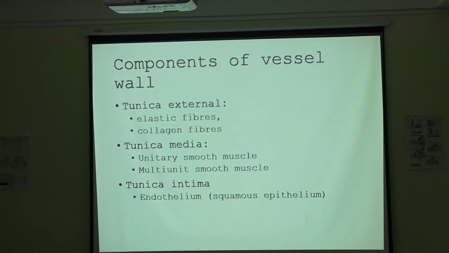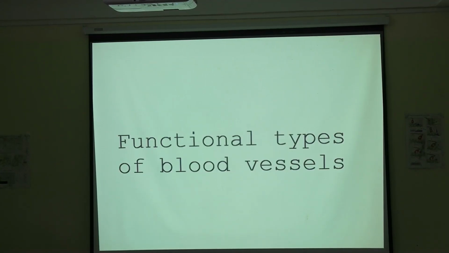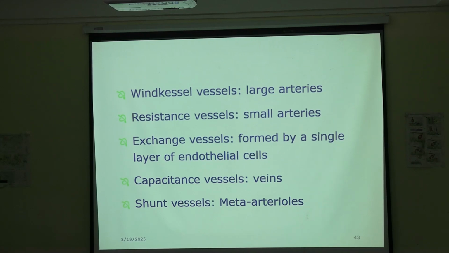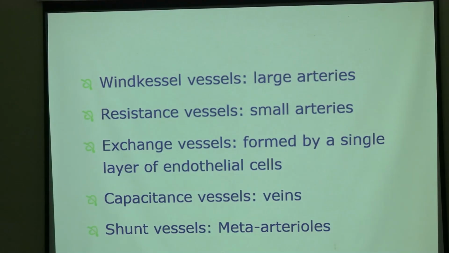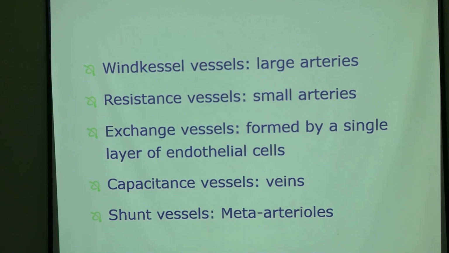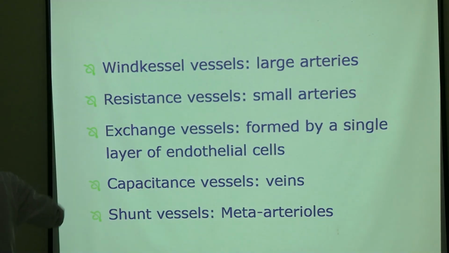The vessels are of 5 types. What are these? Windkessel vessels, I already explained it. Another is resistance vessels, I also told it. Exchange vessels. What are these?